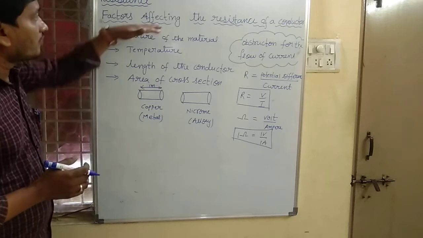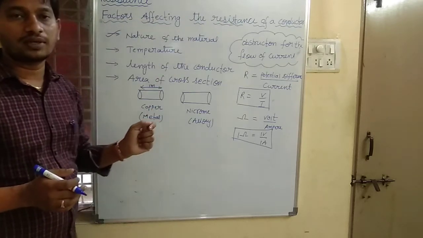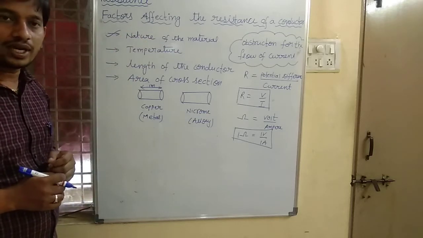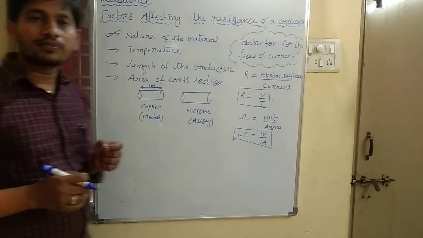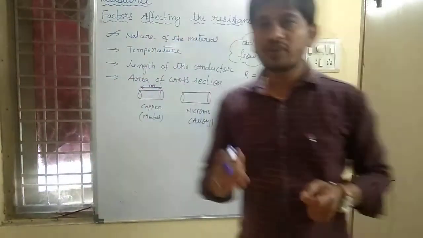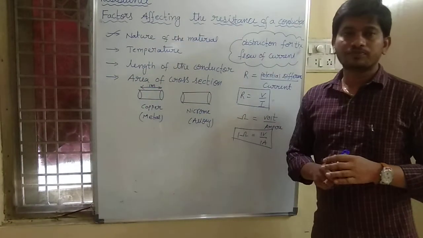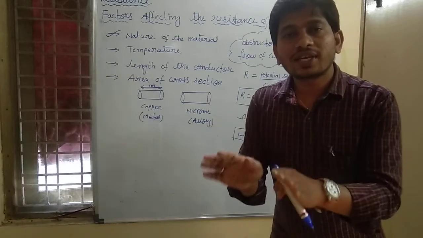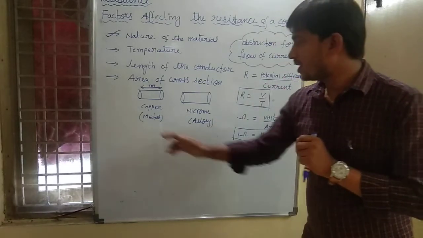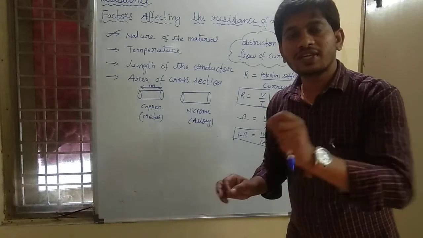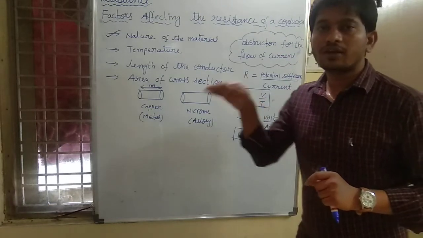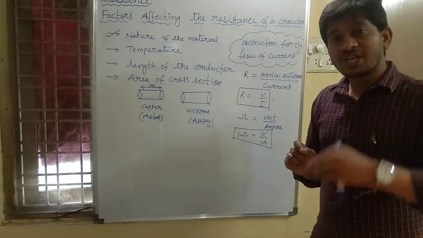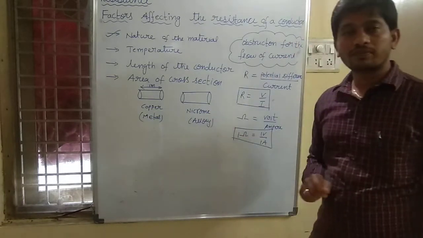So the factors affecting resistance of a conductor. One of the factors is nature of the material. Copper has less resistance when we compare to the nichrome wire. Copper is a good conductor of electricity; through copper wire, current flowing is 60 times more than nichrome wire.